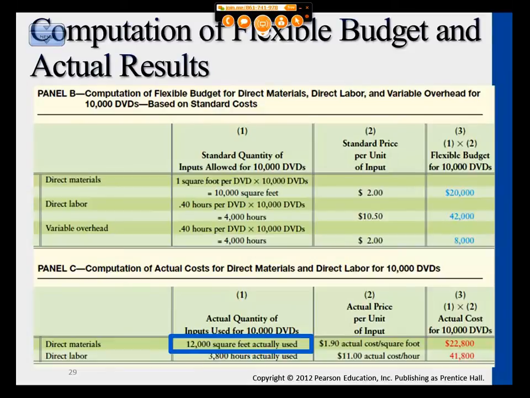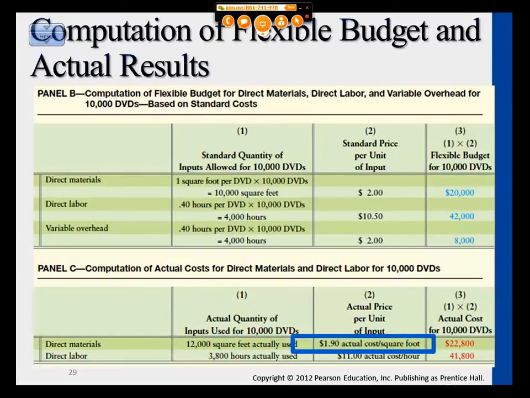Now you need to show your computation of actual cost for direct materials and direct labor for the same volume of production, 10,000 DVDs. So for direct materials, you see your actual quantity of inputs that were used to produce 10,000 DVDs is 12,000 square feet. So we estimated at first that it would be just 10,000. It turned out to be 12,000.